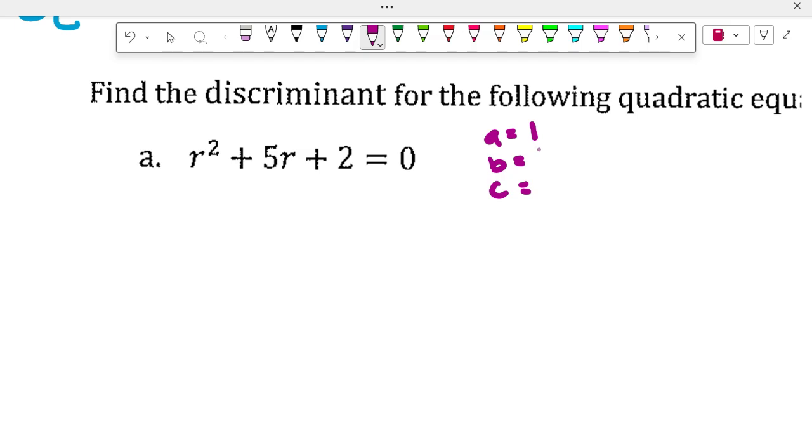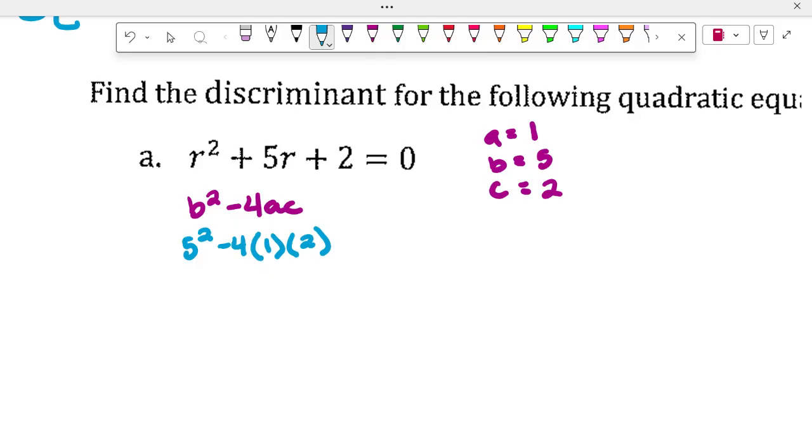What's my B value? 5. C? 2. So then we're going to plug that into the formula b squared minus 4ac. So 5 squared minus 4 times a, which is 1, times c, which is 2.